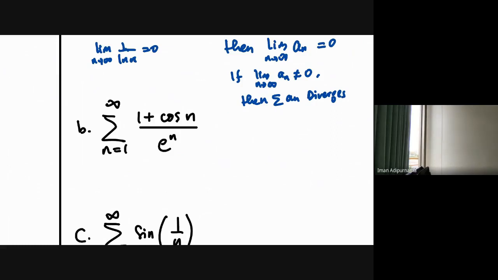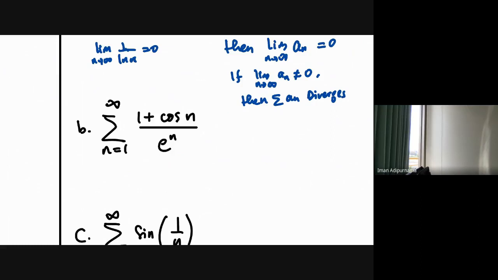If you look at just 1 over e to the n, probably you can take the comparison test as well, right? Because you know the maximum of cosine is 1, or sine is also 1, right? So whenever you see sine or cosine in a fraction like this, you can definitely go to comparison. It's way faster, okay? Unless it gets a little bit more complex.